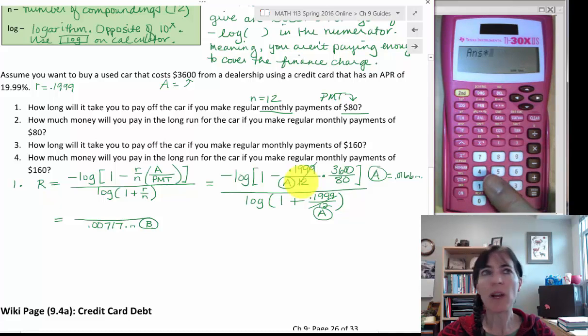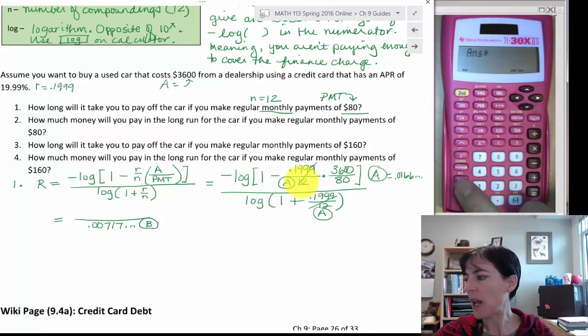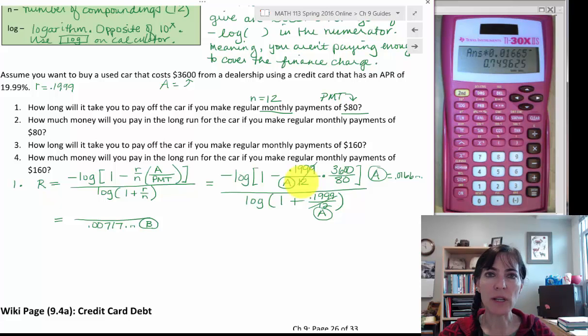So I'll multiply that 45 by A, and I get 0.7496. Then I have to do 1 minus this number that's sitting on my calculator. So I can't just do minus 1 because it's absolutely not the same thing. So I have to do 1 minus, recall the answer that I just found, and I get the 0.25.